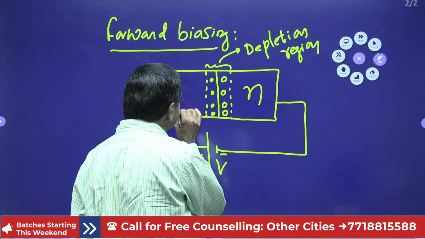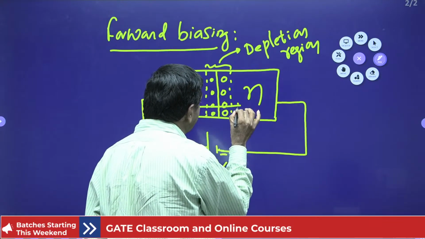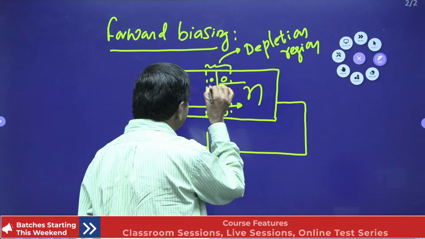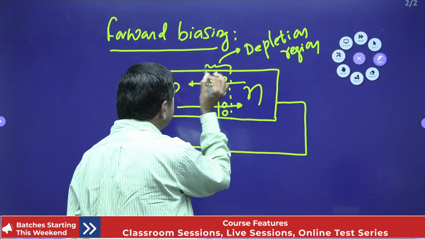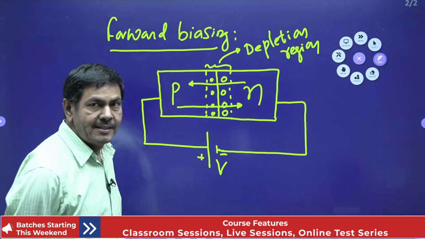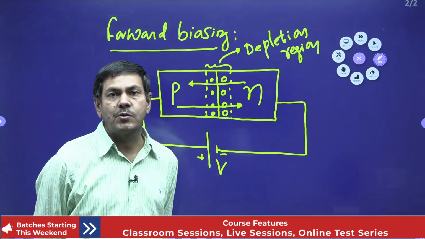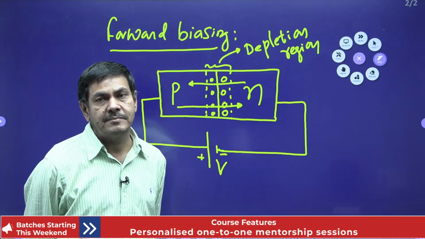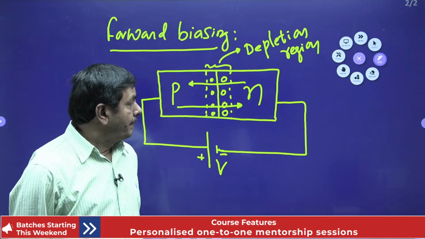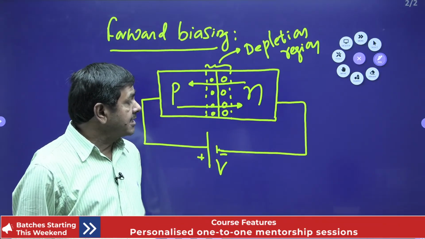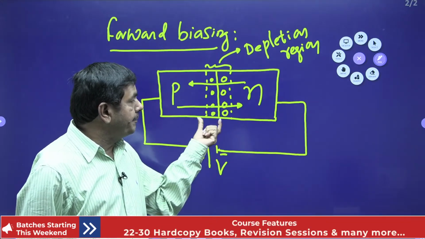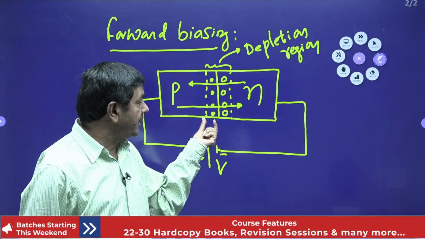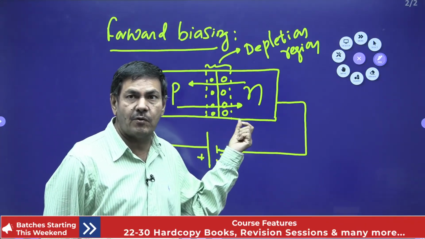So holes will try to move from P-type to N-type, and electrons will move from N-type to P-type. This phenomenon takes place because of diffusion. Because of the connection of the supply, the depletion layer slowly reduces when the diode is forward biased.